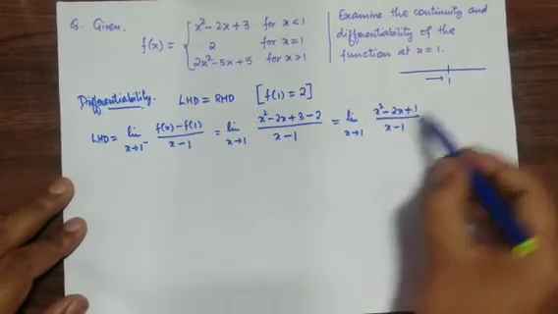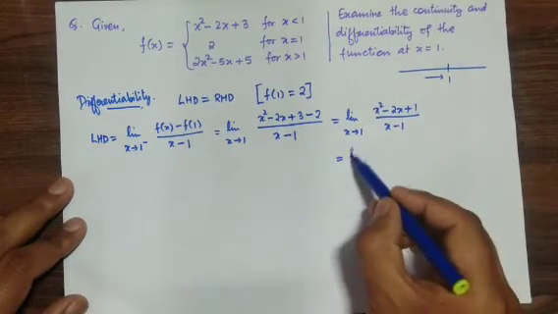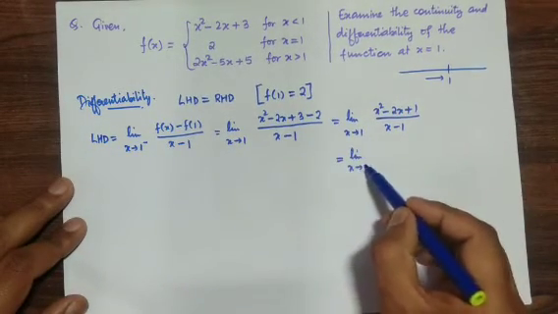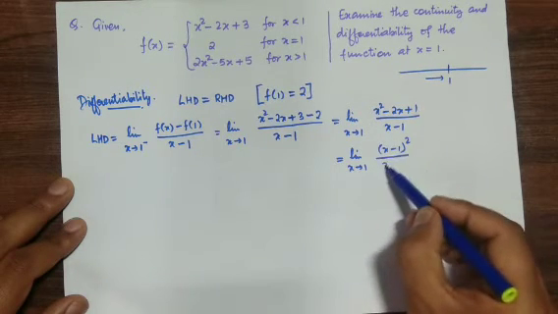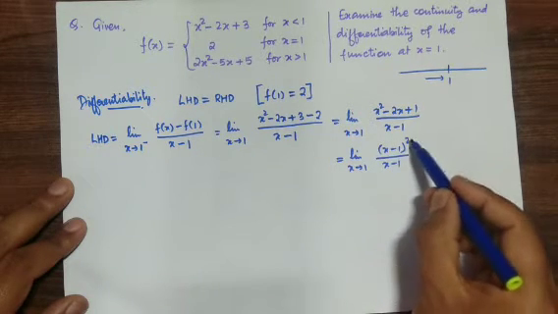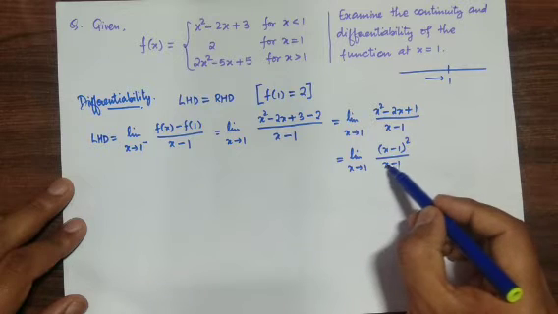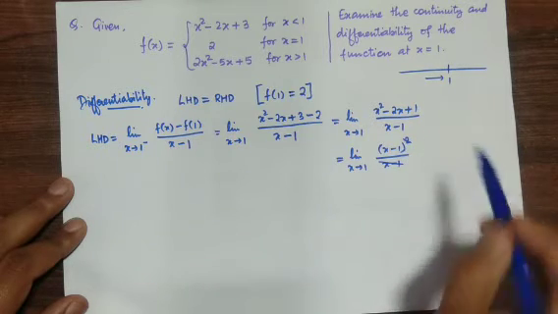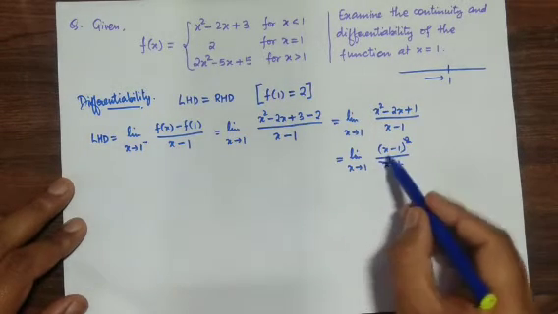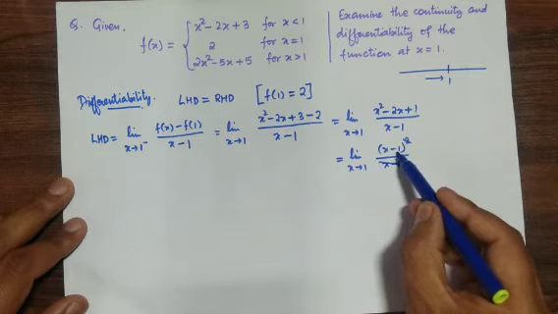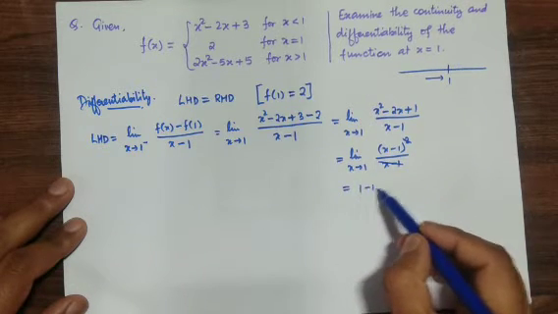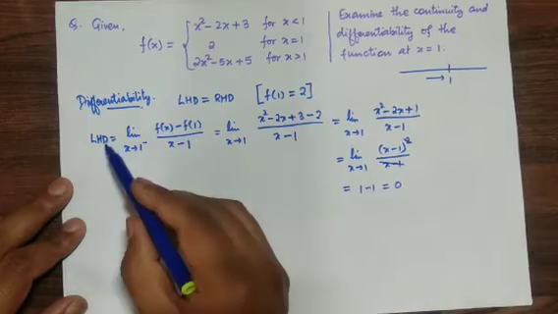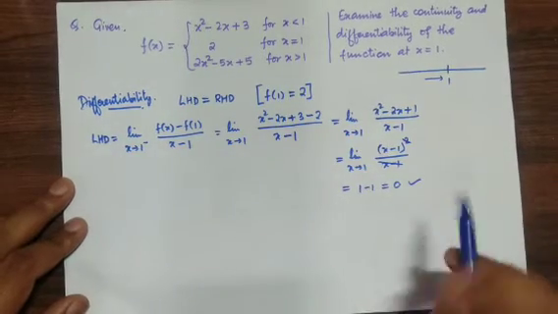The numerator can be written as (x minus 1) whole square by x minus 1. So we have the whole square here and x minus 1 here, so one of the x minus 1 gets cancelled. So we have limit of x minus 1. Let us put the value of x to be 1. So we have 1 minus 1, which is equal to 0. So I got my left hand derivative to be 0.